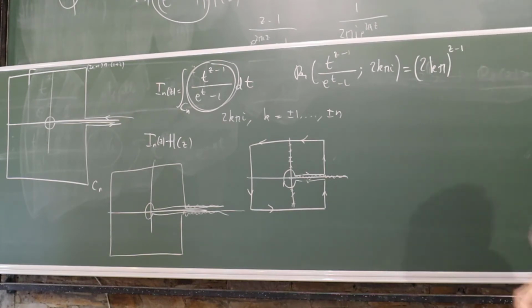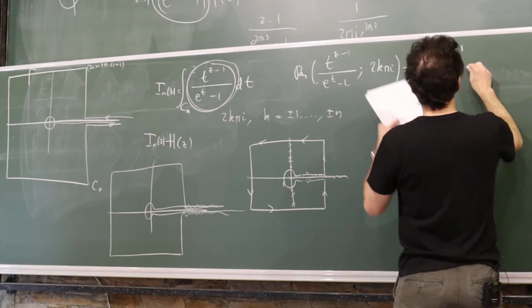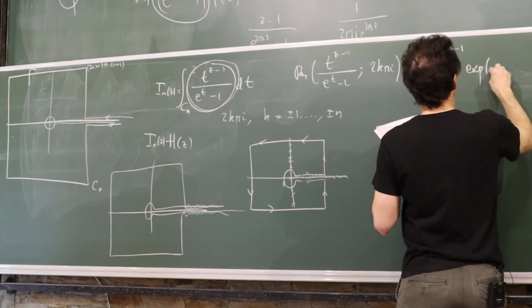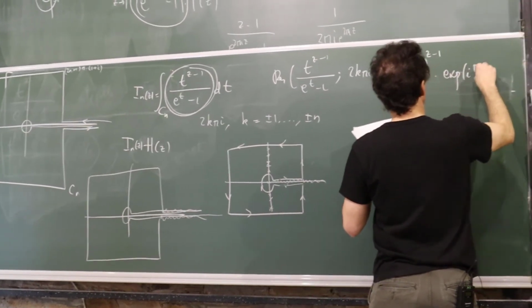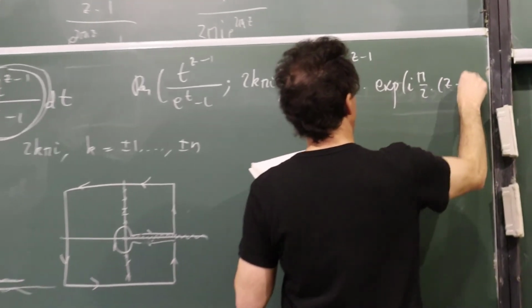This is a positive real number, so no problem with the determination of the logarithm, times exponential of i pi over 2 (z minus 1).